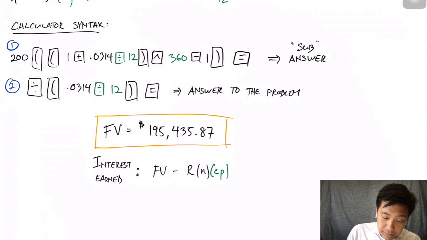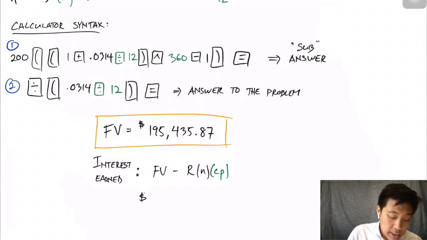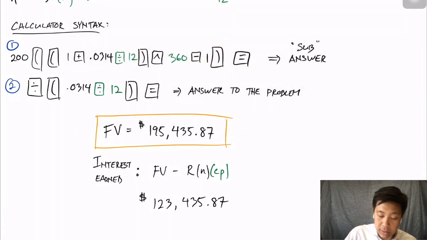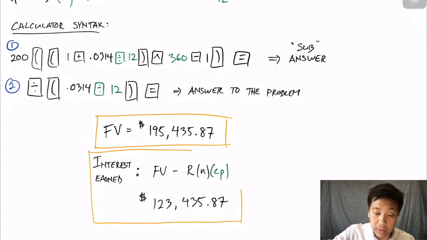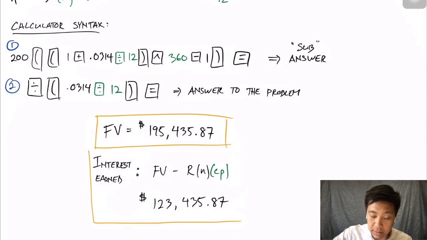In any event, I did that answer again in advance, and I got 123,435 and 87 cents. So this is the interest earned, and with the formula as well. Well, not a formal formula, but a strategy for finding it.